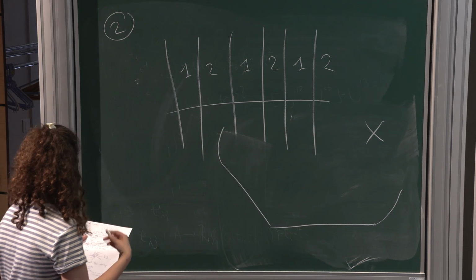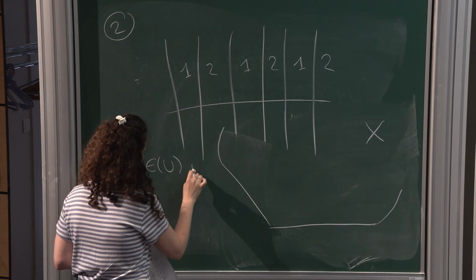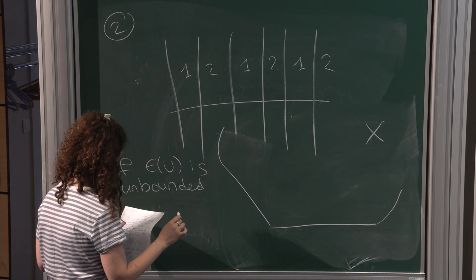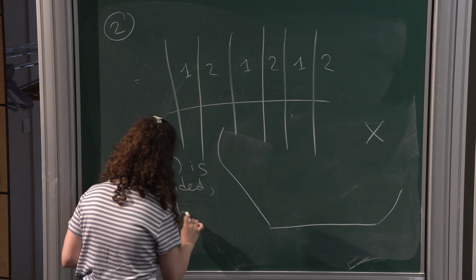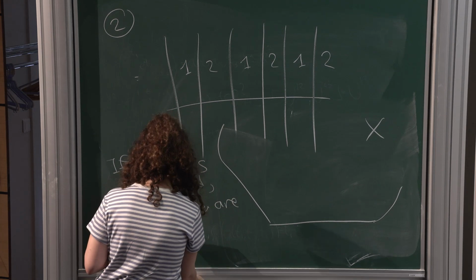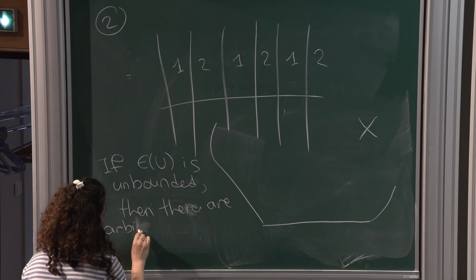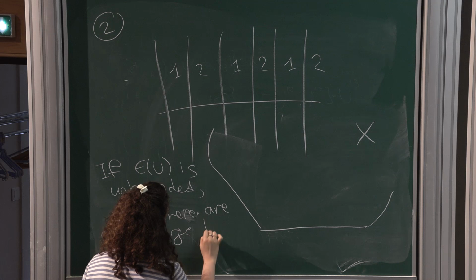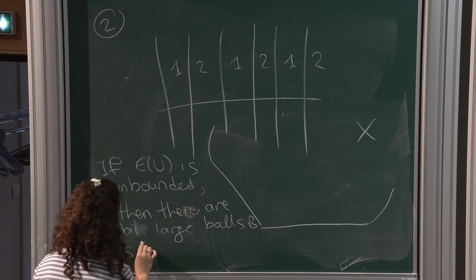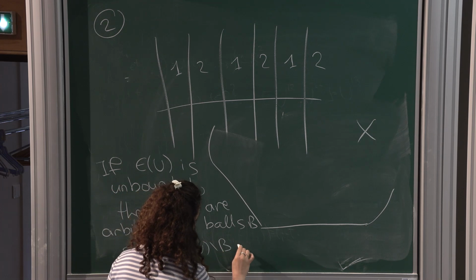And more explicitly, the property that we need is that if E_U is unbounded, then there are arbitrarily large balls, let's call this B, such that E_U minus B is contractible.